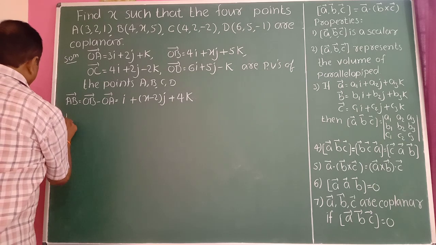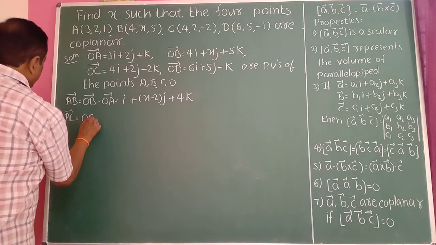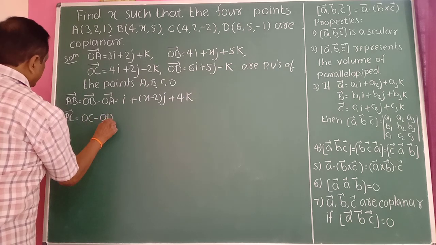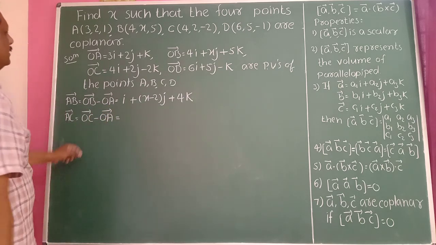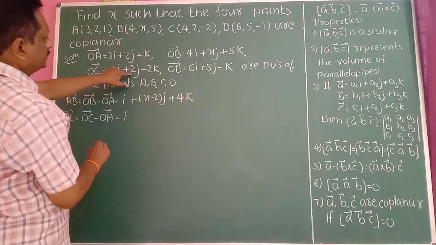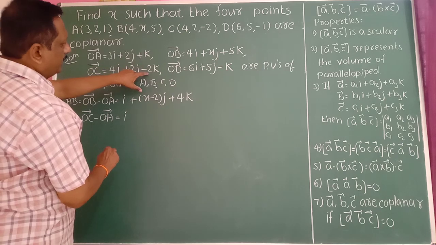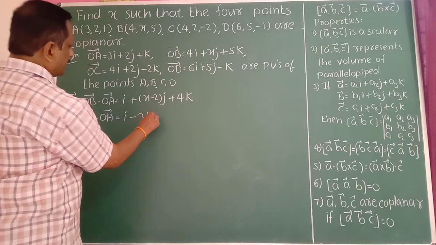Then AC is OC minus OA. That is equal to 4i minus 3i becomes 1i here. 2j minus 2j cancels. Minus 2k minus k gives minus 3k.